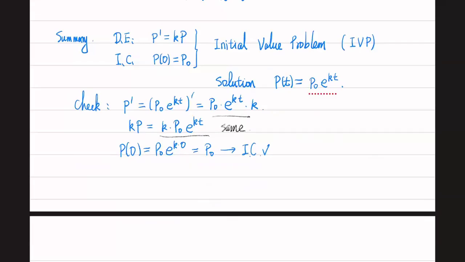Okay, so this is how we solve our first problem in differential equations. The method is separation of variables. Okay, any question about this example?